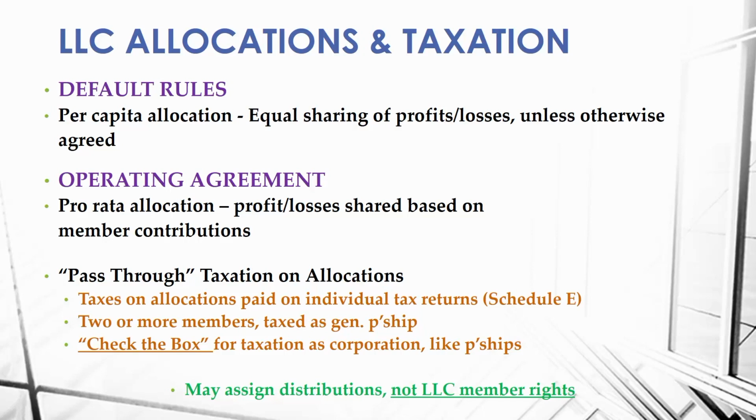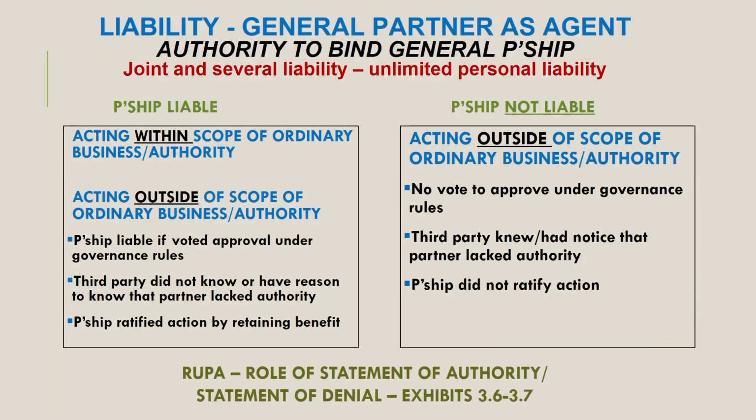So you have to decide, well, which is going to be more beneficial from a tax perspective. If it's 2 or more members, the default rule is that you're taxed as a general partnership unless you check the box otherwise. And just like the others, you can assign your distributions, but not your member rights. So again, folks, a lot of this is the same, just clothed behind a different business entity.